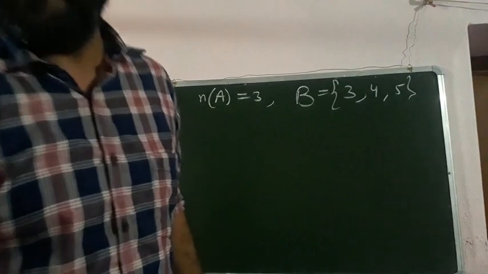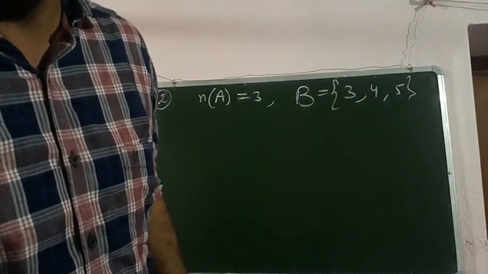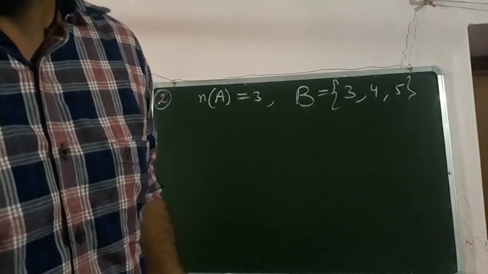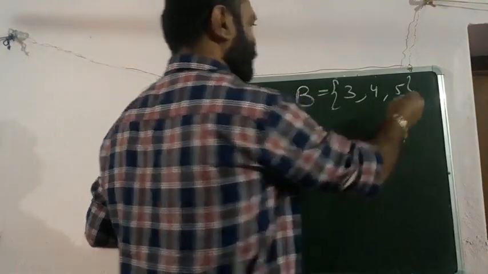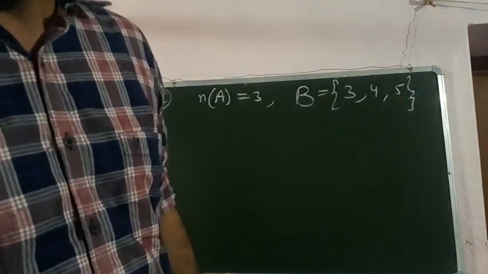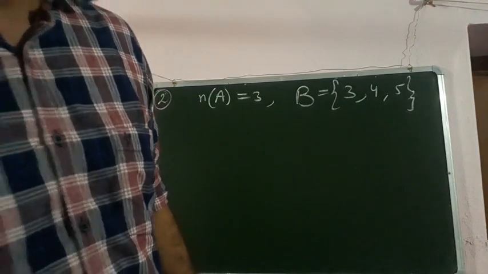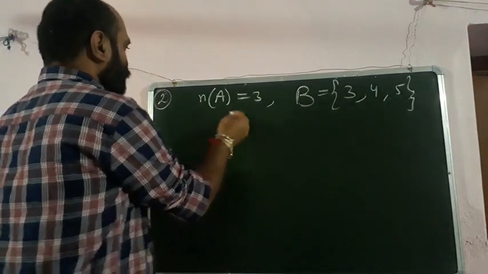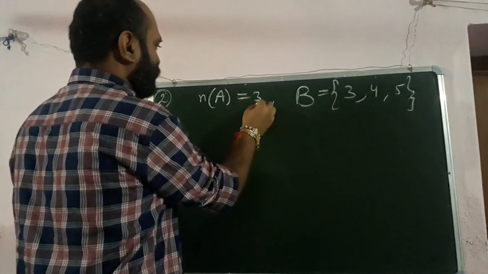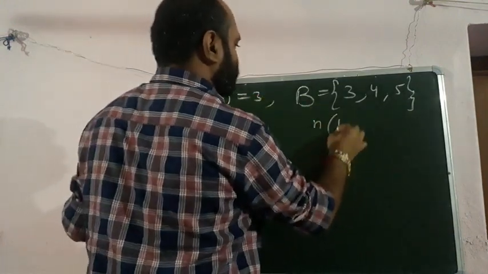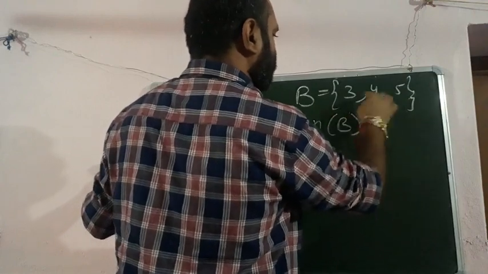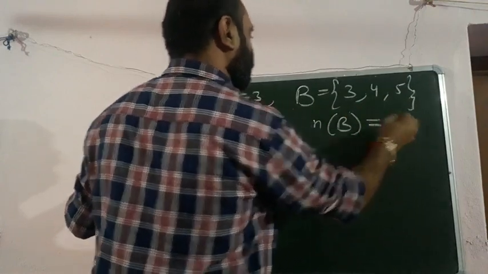Find the number of elements in A cross B. The number of elements in A is 3, and the number of elements in B is also 3.